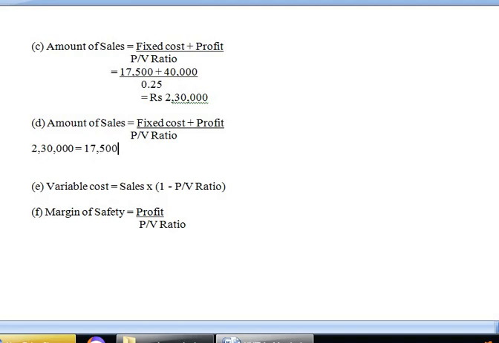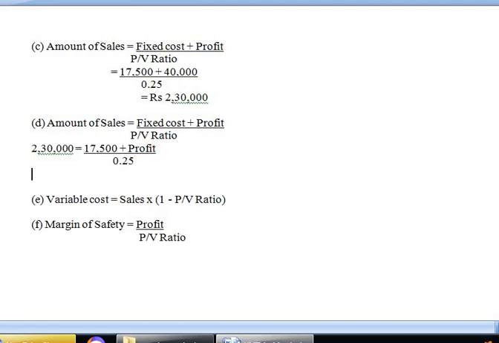So same formula we can apply and find out how much will be the profit, divided by PV ratio 0.25. Okay.